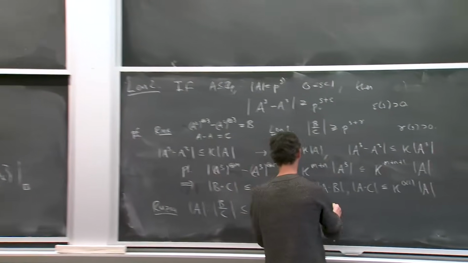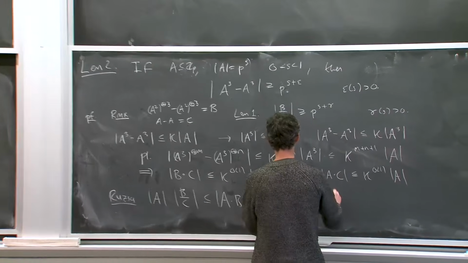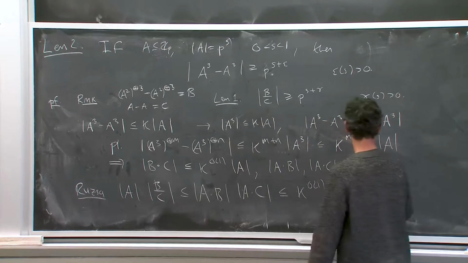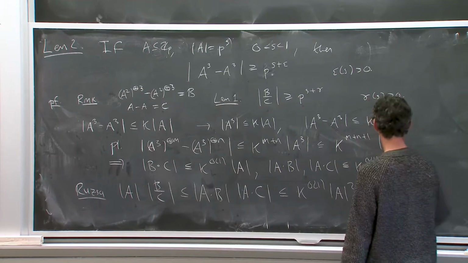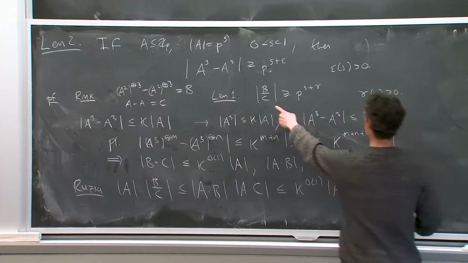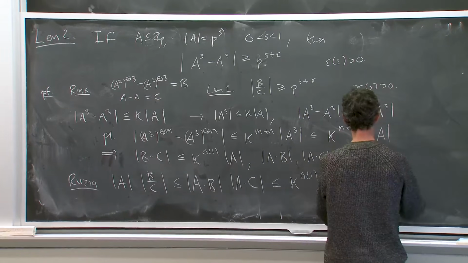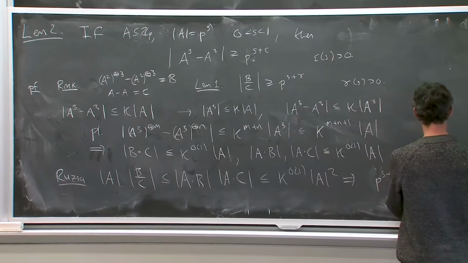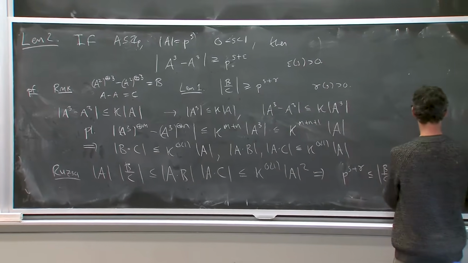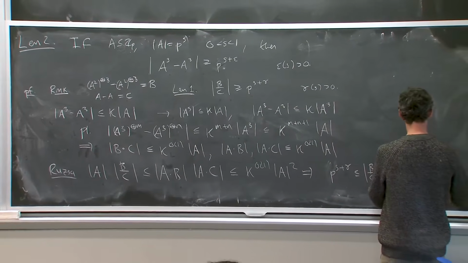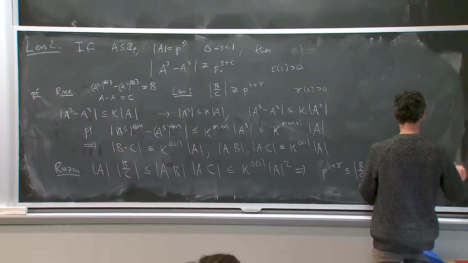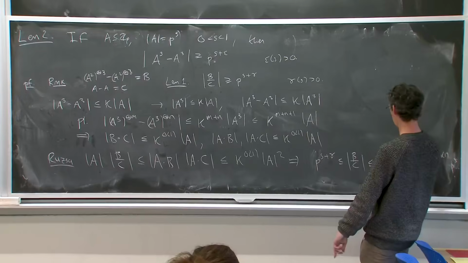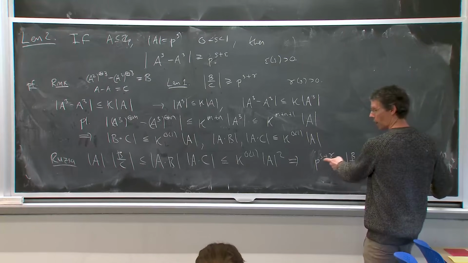OK, and then this is bounded by K to the order of 1 times |A|^2. You can cancel the A's, and we get that. So B over C on the one hand is big, p^(s+γ). It's bounded by B over C. But on the other hand, it's small. And if you compare these, you see that K needs to be at least a small power of p.